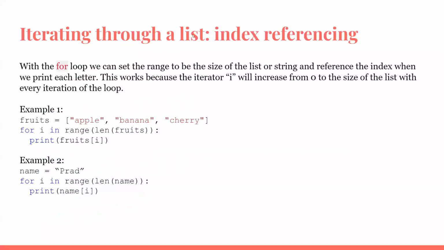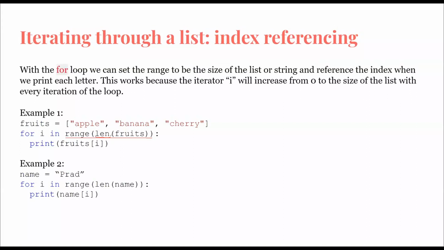So how do you iterate through a list? Like how we iterated through a string, we can do it with a list by using the range function combined with the length function. In this case, same thing as a string, we'll just print out every single element in the fruits list. And if we have the name Prad, we already did this for the string back there, we just print out the entire name one by one.